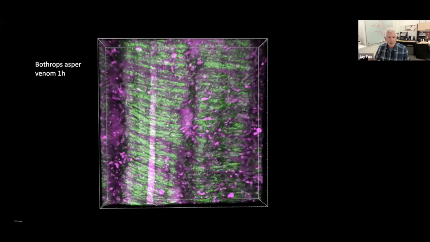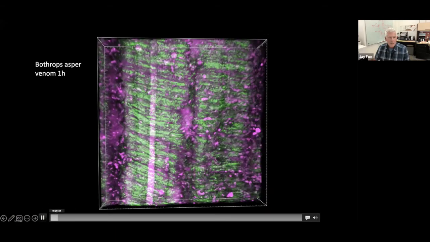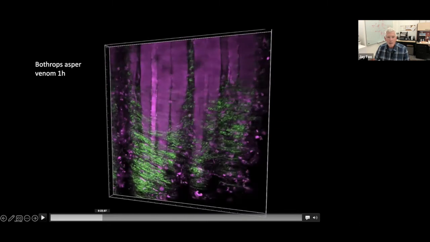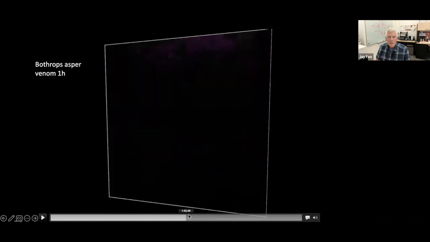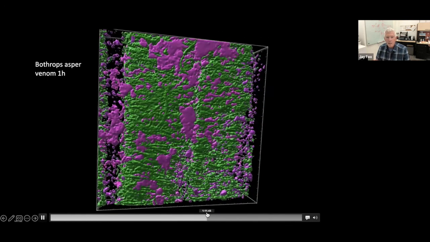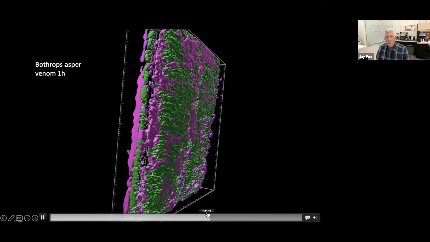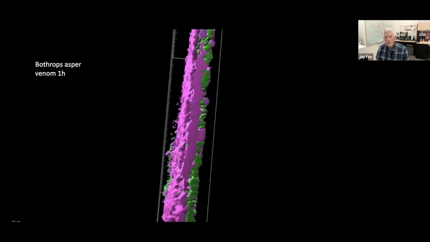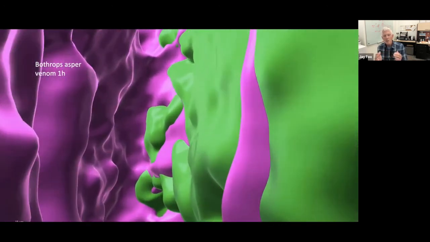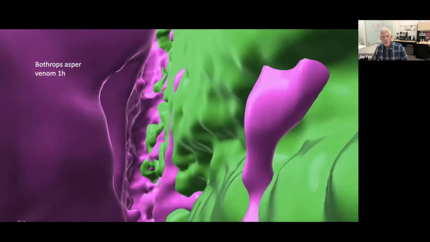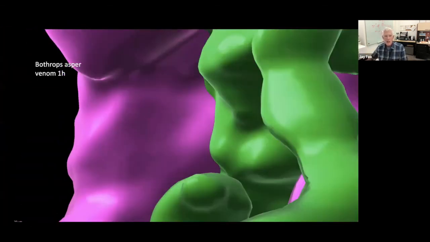All right, thank you. Well, I don't know what happened here, but I do want to show you this one image here. If we make a cartoon out of this and we go in from the side view, what you can see is a separation between the two layers. So there's disruption of the muscle myomatrix. There's some herniation, if you will, of the muscles into the stroma above, and this disruption that is suggested.